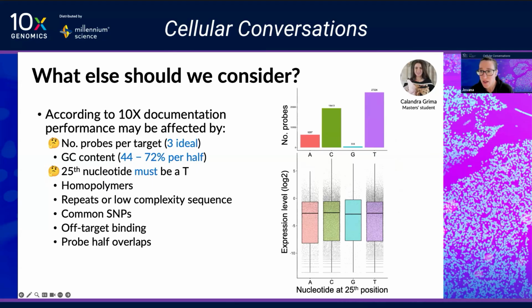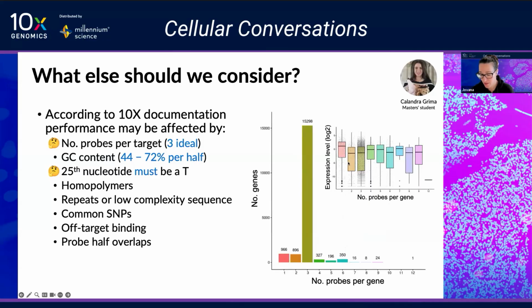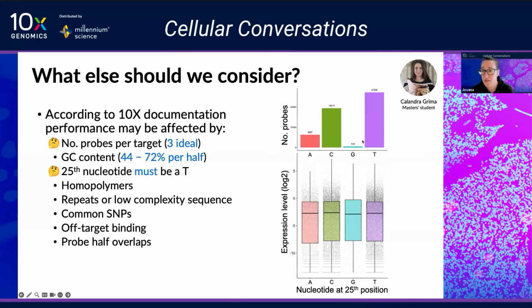And so based on her looking at the data, we decided that we were going to relax that a bit and allow it to be either an A, a C, or a T, but maybe avoid Gs. And it turned out that what she found in the data was exactly what 10x confirmed for us in a later conversation. So that was really great.